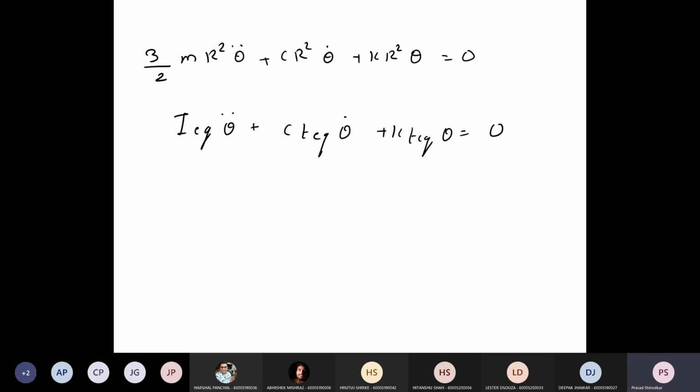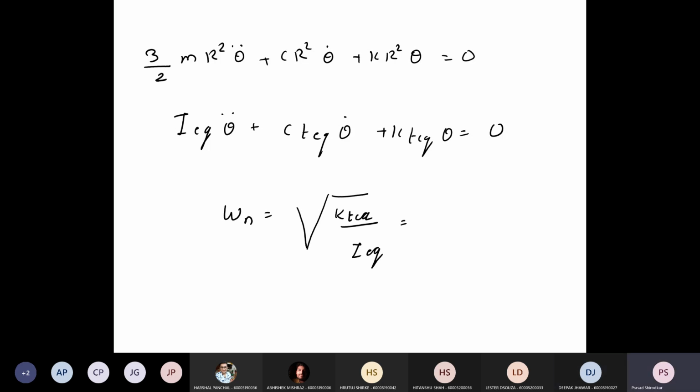So if I want to find the natural frequency, what is the natural frequency? Yes, anybody? What will be the natural frequency? Sir, K torsional equivalent upon I equivalent. Who is that? Deepak.